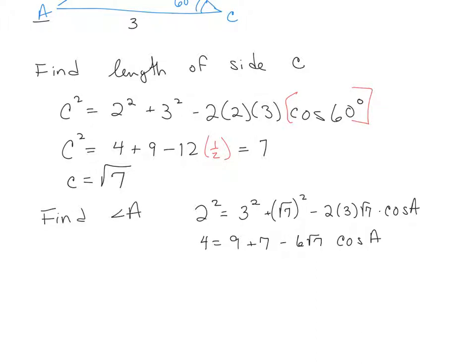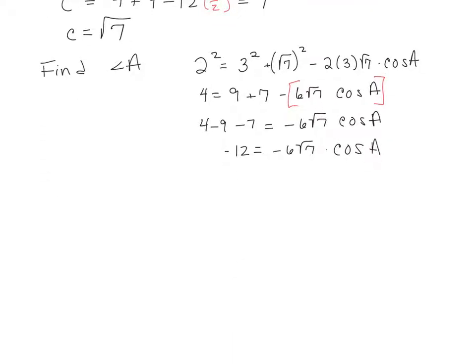I can't emphasize this enough. It is really important to treat all of this as one term and move that 9 and that 7 over first. So what I have is 4 minus 9 minus 7 is equal to negative 6 square root of 7 cosine of A, which gives us negative 12 is equal to negative 6 square root of 7 times cosine of A. Let me just pick this up to give us a little bit more room.